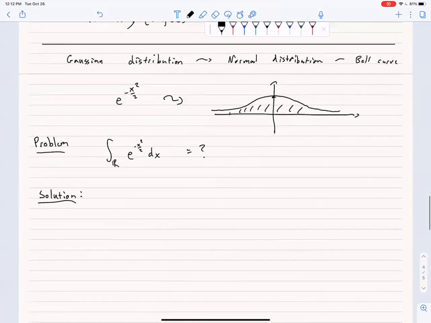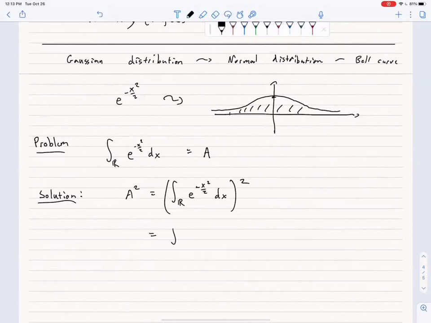So what we do is kind of funny. Let's call this A, area. What we do is let's calculate A squared. A squared is this squared, which is this times itself.